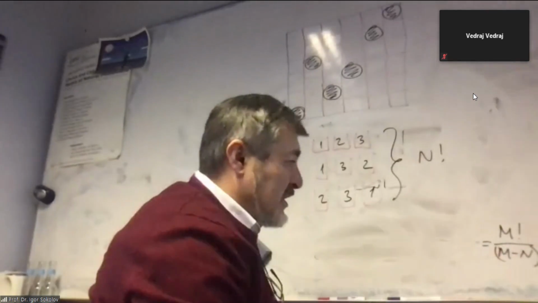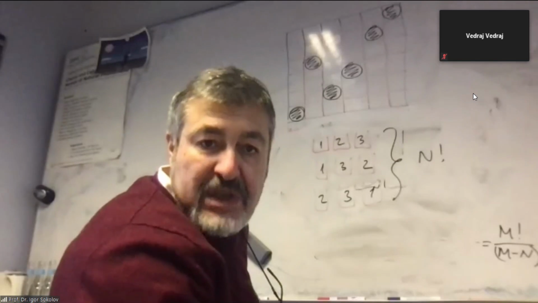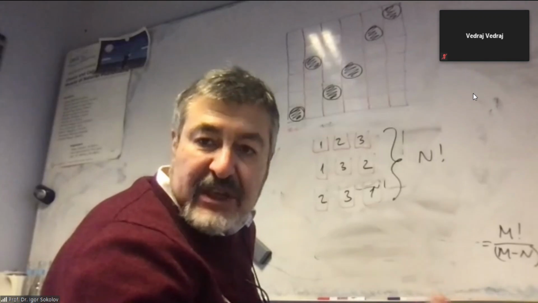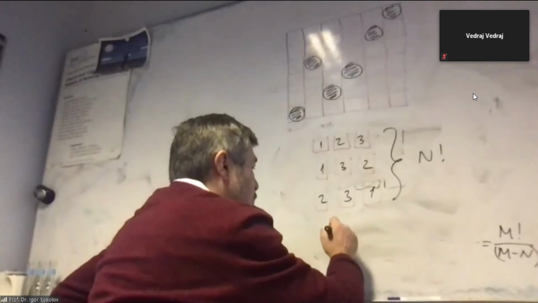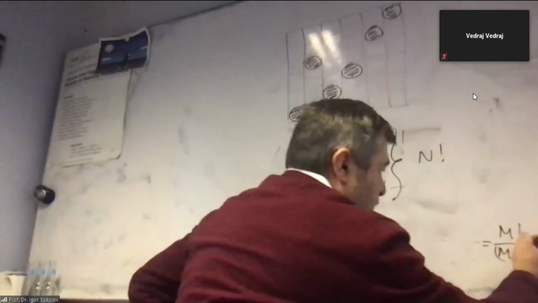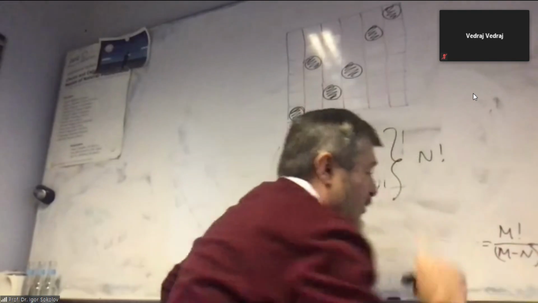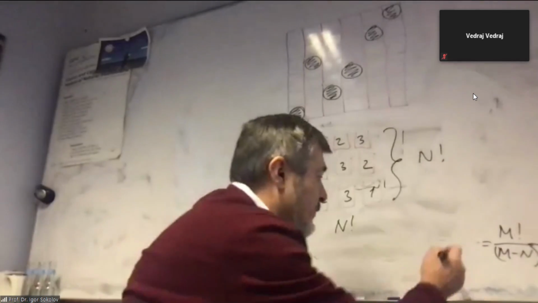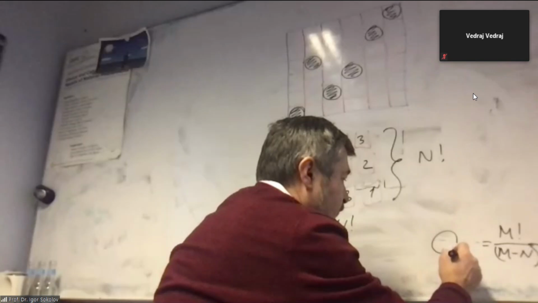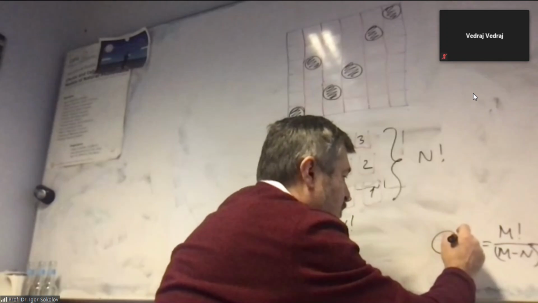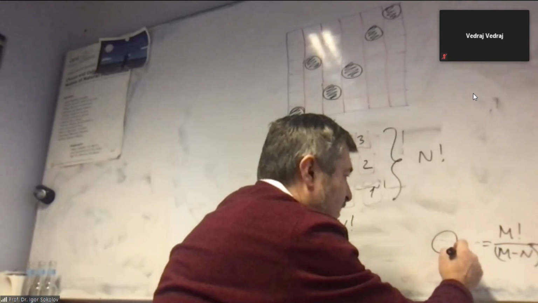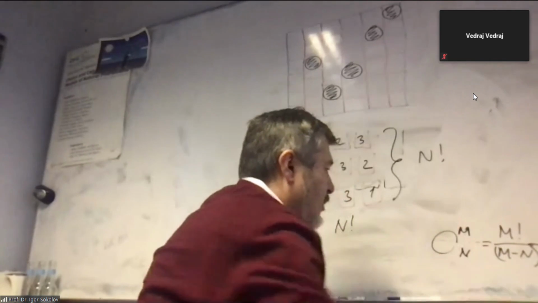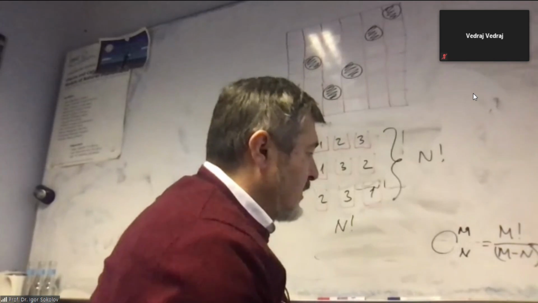Now, if objects are indistinguishable, you cannot mark an atom. Quantum mechanically, they are all the same. You have n factorial such possibilities, and you have to divide these distinguishable possibilities by n factorial. And this is the binomial coefficient. I have forgotten where you write n and where you write m in the choose notation.